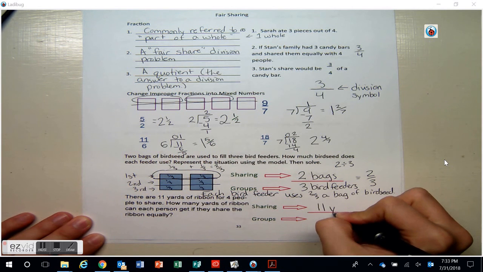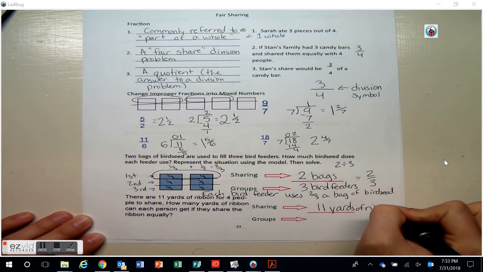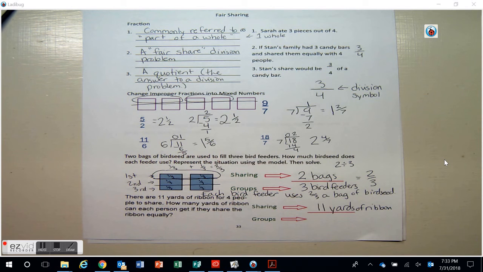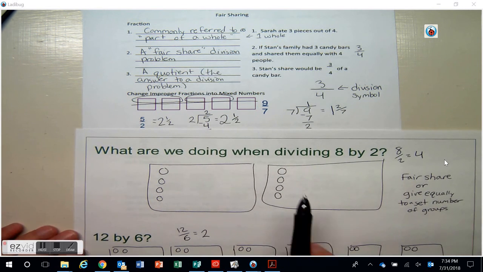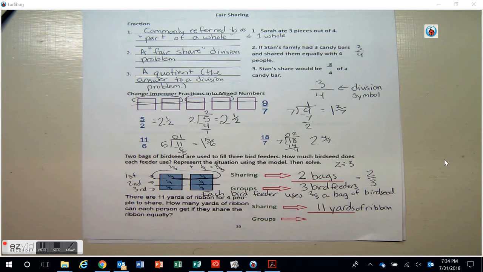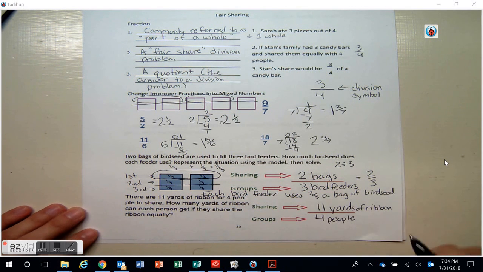If we use a different way of looking at fractions, we might come to our answer a little quicker. So I'd like to think about what I'm sharing. What am I splitting up? Well, I'm going to be splitting up 2 bags of birdseed. And how many groups am I passing it out to?